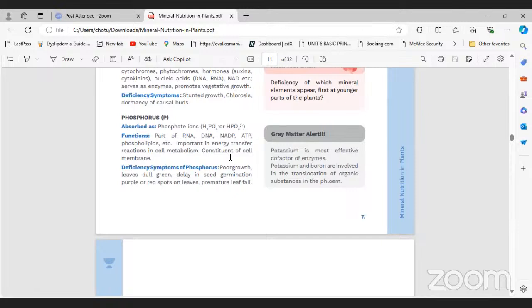The scientist Truog in 1916 proposed that according to the law of mass action, the chemical equilibrium reaction making the phosphorus of phosphate rock available to the plant can be represented. Phosphate in plants occurs in greater amounts in meristematic parts, seeds, and fruits than the rest of the plant.